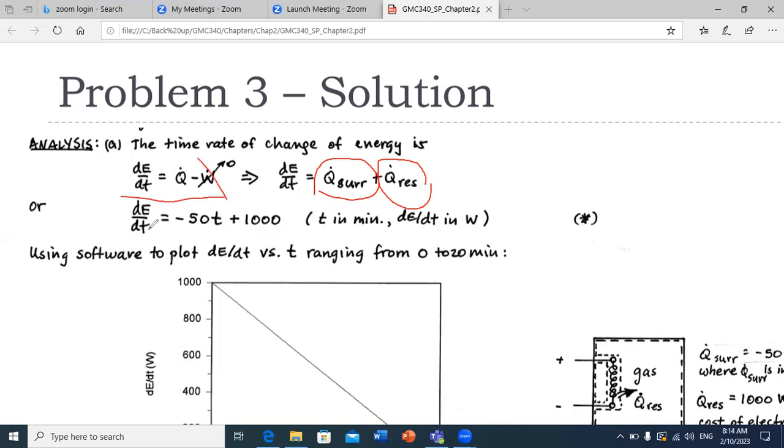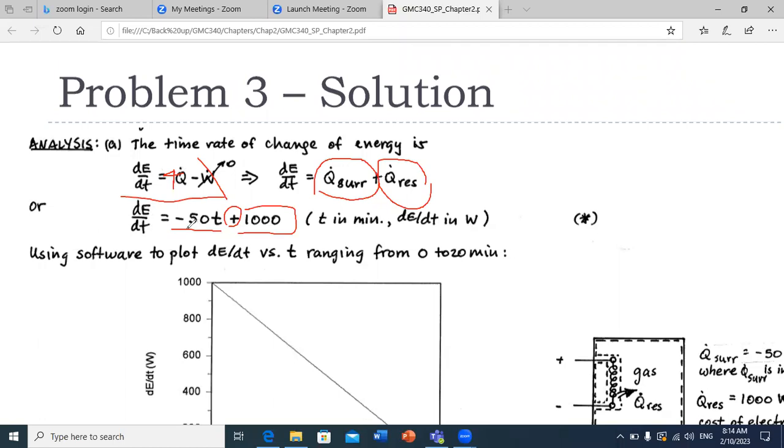So we can write that dE by dt is plus 1000 because it's a generation term. Okay, so it's adding to the system, and minus 50T because we are losing heat to the surrounding. And the convention for heat, we know that we put here plus Q dot because everything coming in is accounted as positive and everything getting out is accounted as negative. So this is our equation.